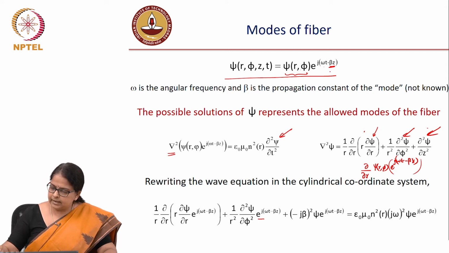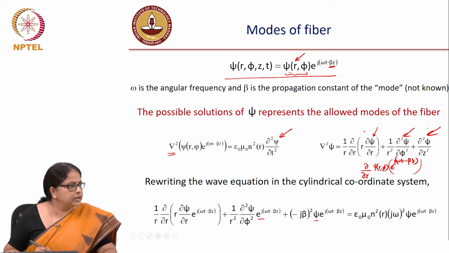Now the z derivative: the rest is not dependent on z, so that comes out as a constant, and the derivative of beta z gives minus j beta, the whole square, for the twice derivative. Similarly, on the right side I have the twice time derivative, which comes out to be j omega the whole square. The rest of the wave equation is as it is.